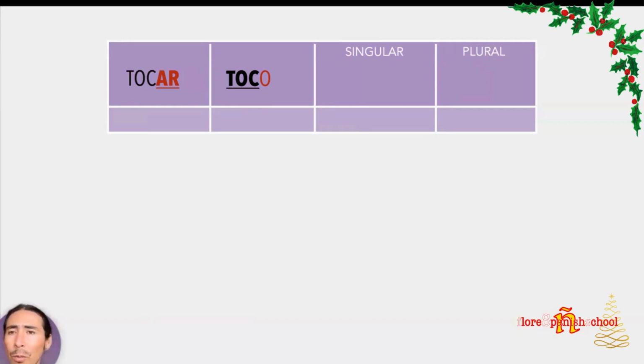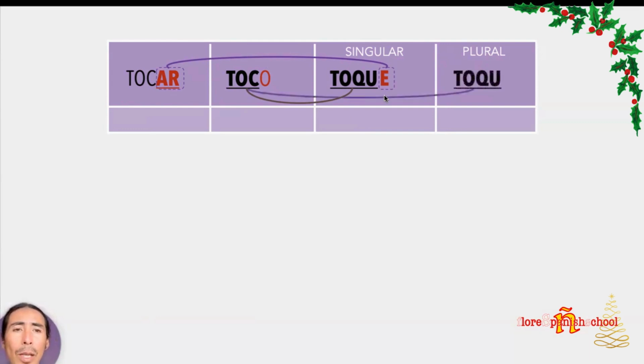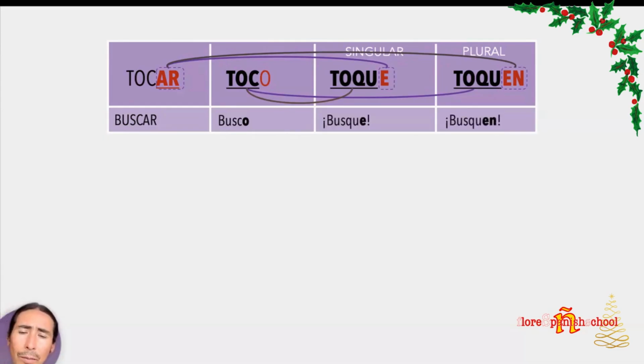The pronunciation should also be K. So for that reason, what we are going to do is the car will change for QUE because the A becomes E: toque. This is in singular, and in plural, toquen. Buscar. Yo busco, busque, busquen.